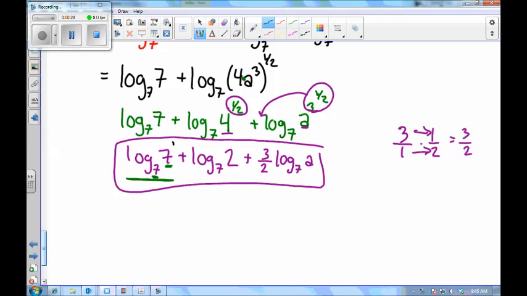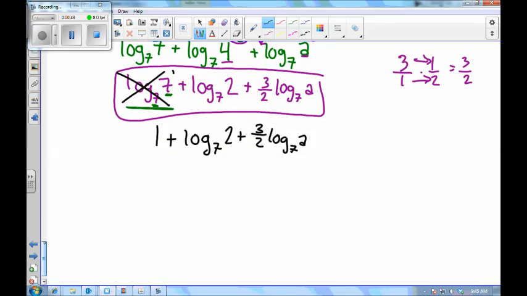So log base 7 of 7, the 7 cancels out the log, so all that's left is 1. Plus log base 7 of 2 plus 3 halves log base 7 of a. So that would be the official answer.